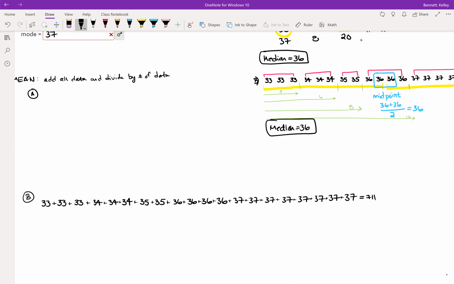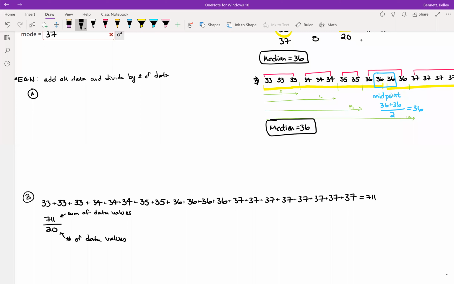is 711. What you do is then you take 711, your total, and you divide it by 20 because we have 20 data values. So this is the sum of all your data values, and this is the number of data values, right?